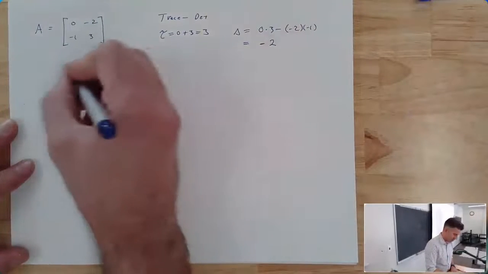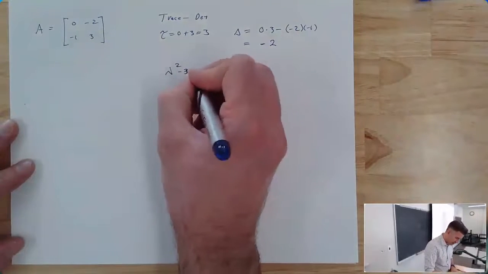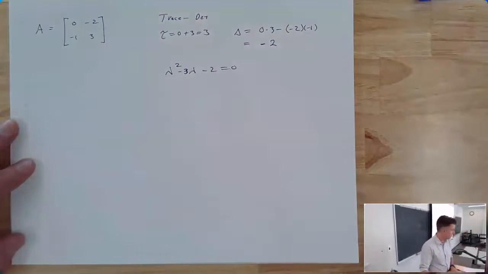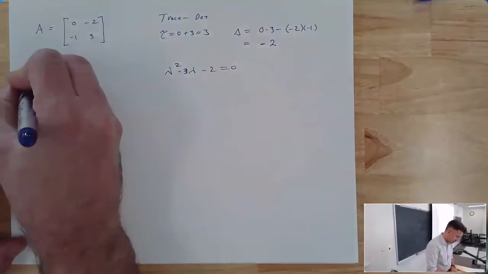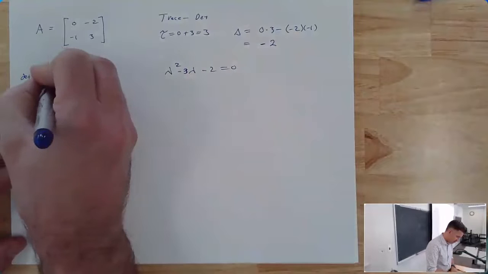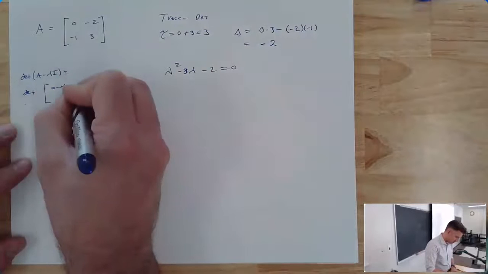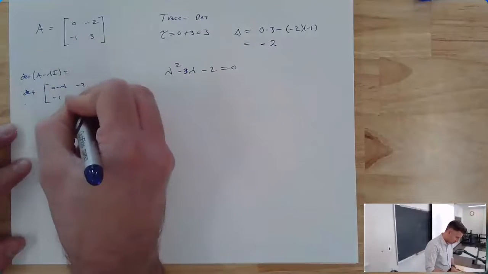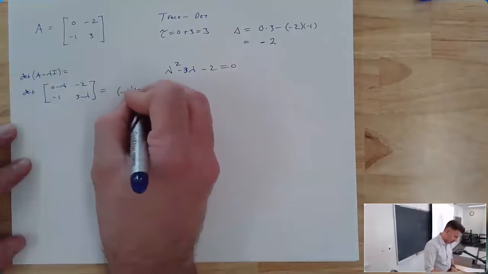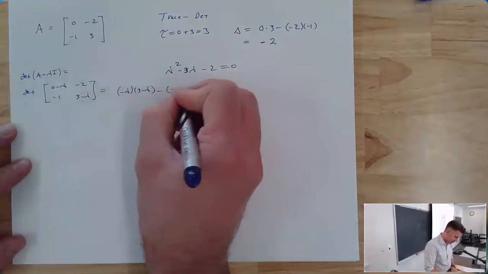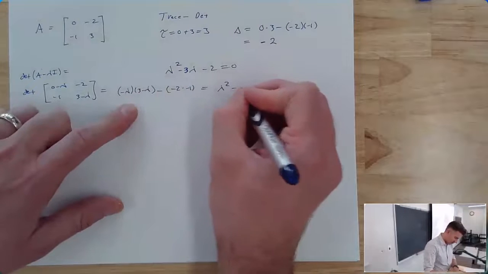So our polynomial would look like lambda squared minus 3 lambda minus 2 equal to 0. Or if you prefer, you could have done it the other way and said the determinant of A minus lambda I is the determinant of this matrix, which ends up being negative lambda times 3 minus lambda minus -2 times -1, which is going to be lambda squared minus 3 lambda minus 2.